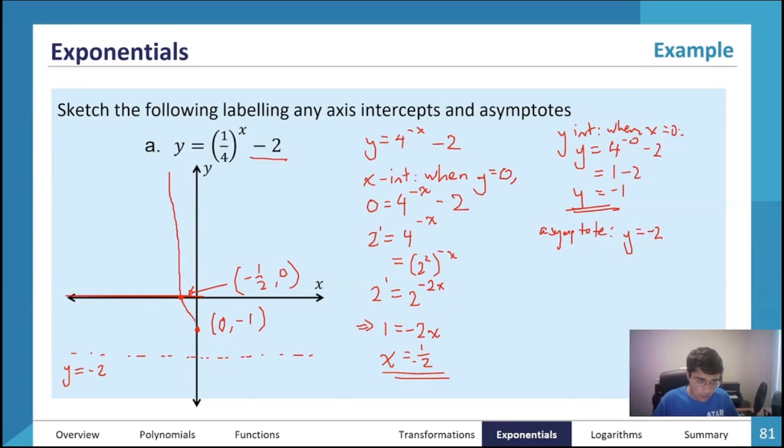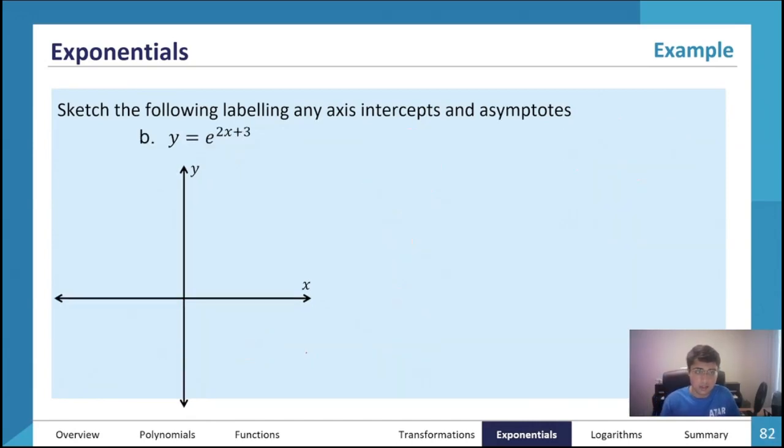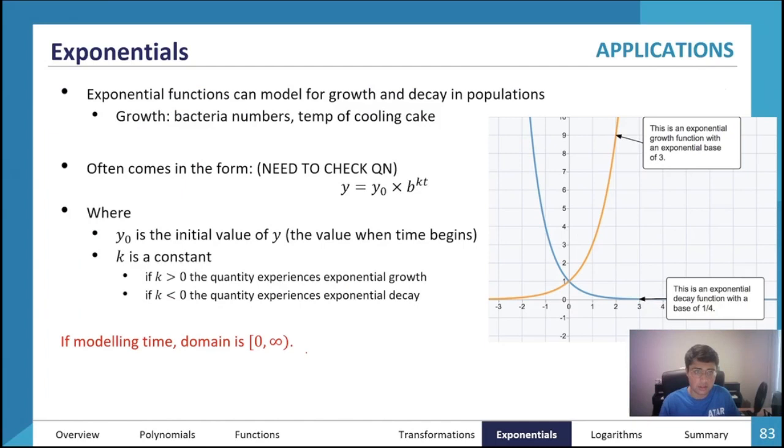It's going to head through that point, and then approach our asymptote without ever touching it. Make sure in your exam, whenever sketching exponential equations, that your graph never touches the asymptote. Otherwise, it's no longer an asymptote. We have another graph there, but if you can sketch this one, you'll be able to sketch that one, so we'll move on.